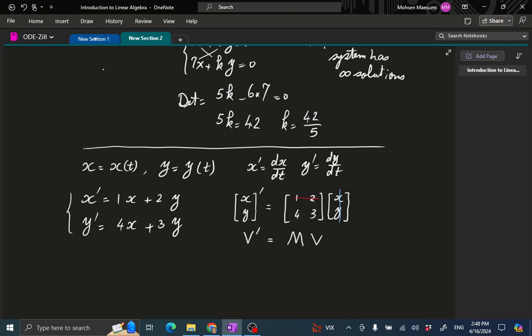So here I'm going to assume, and then we are going to go ahead and verify, that x is some exponential of lambda t, and y is some other.